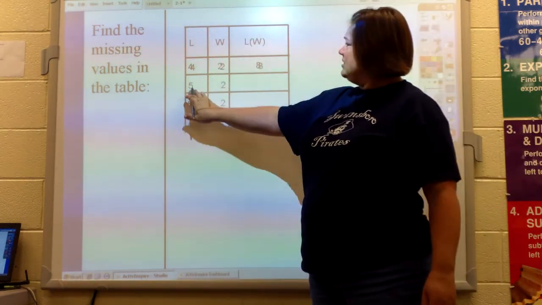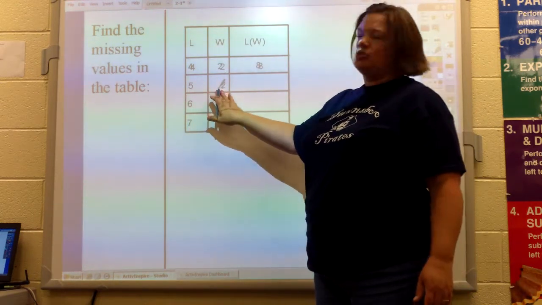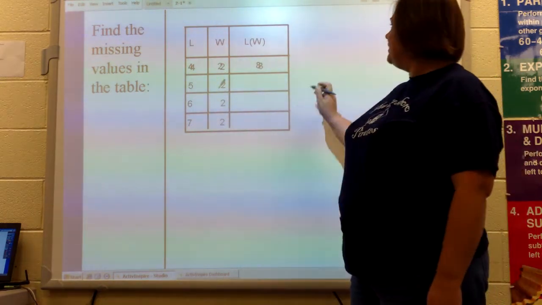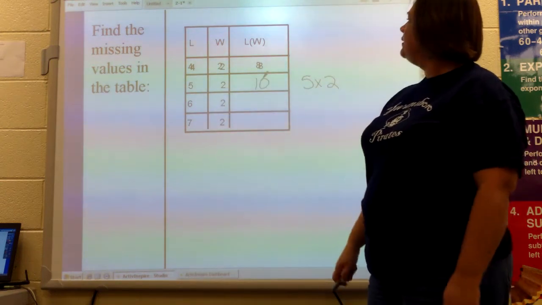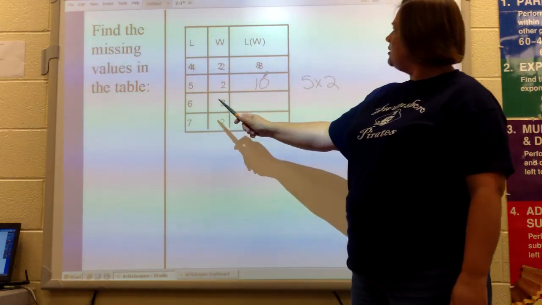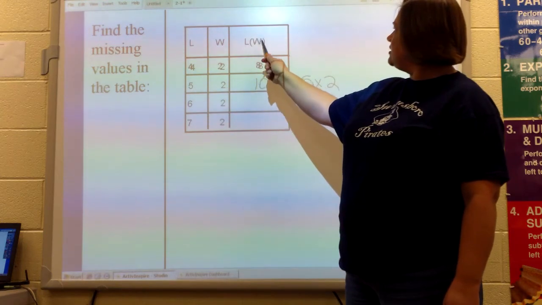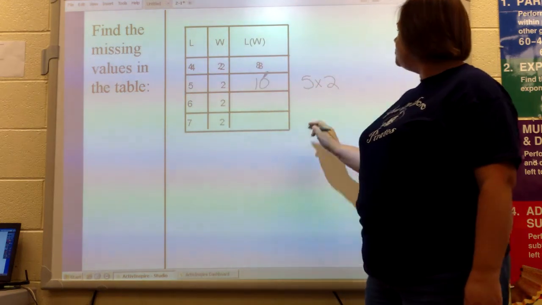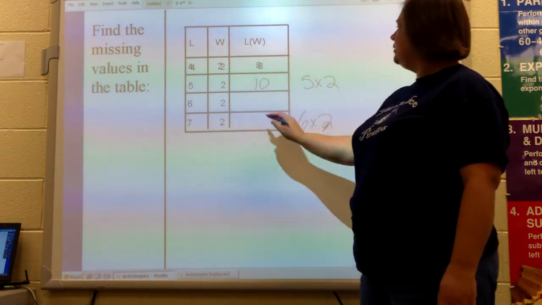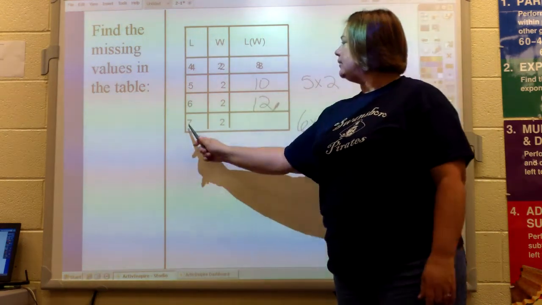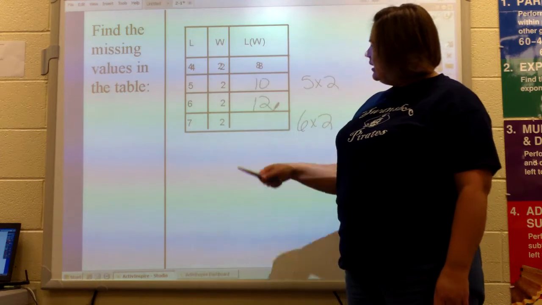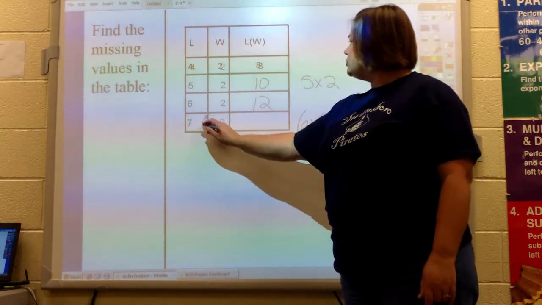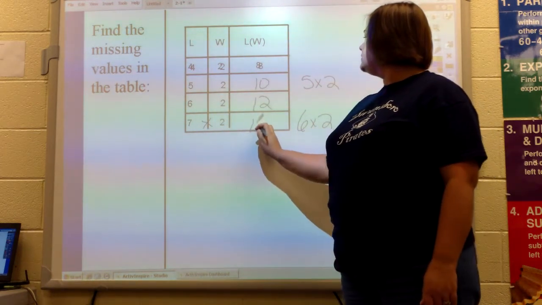If I know my length is 5 and my width is 2, I'm just multiplying. 5 times 2 is 10. My length is 6, my width is 2. I do length times width. 6 times 2 is 12. And now I have a length of 7, a width of 2. Length times width, 7 times 2 is 14.